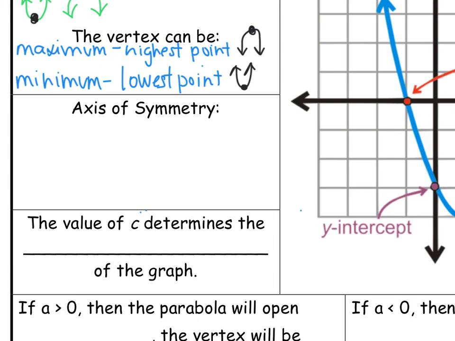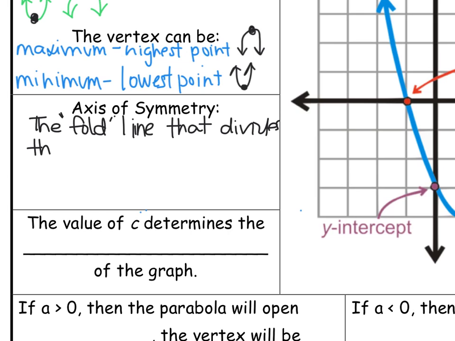So the axis of symmetry is the "fold line" that divides the parabola into two matching halves.